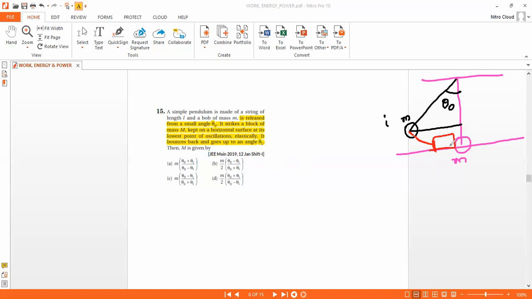The bob goes up to an angle, and this angle is theta 1. We need to find capital M, the block's mass.